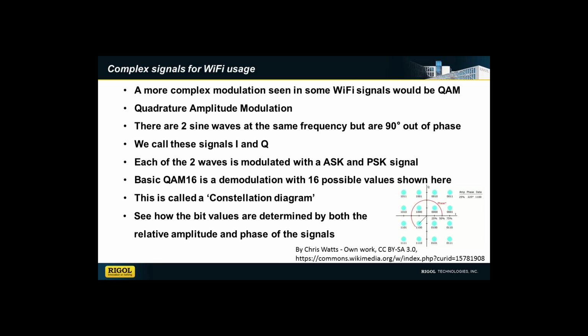So a basic type of this, like QAM16, demodulates with 16 possible values based on the phase and the amplitude of each of the two carriers. One way we would commonly describe this is with a constellation diagram at the right, which shows each value for amplitude and phase for each of the signals, and how you can demodulate that into a set of symbols, or in this case, 4 bits.